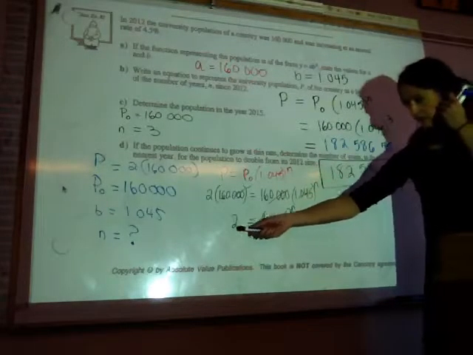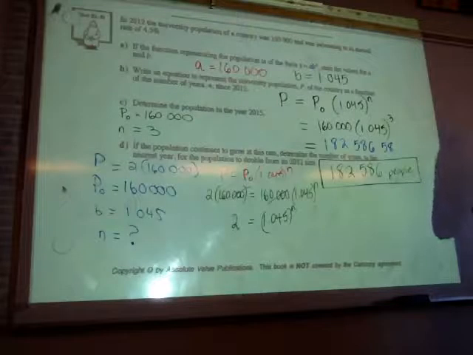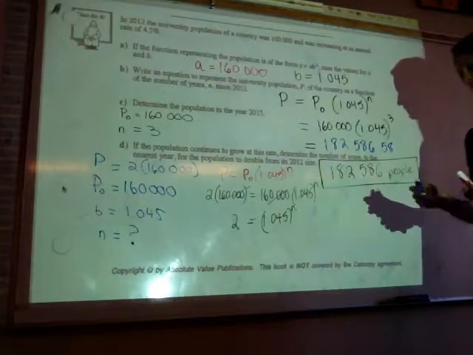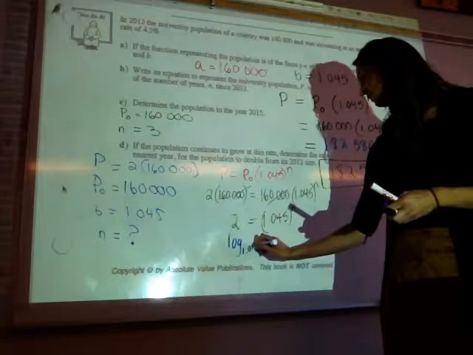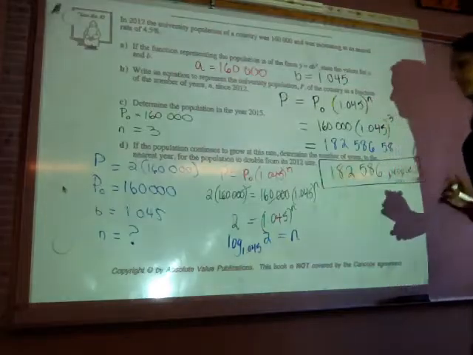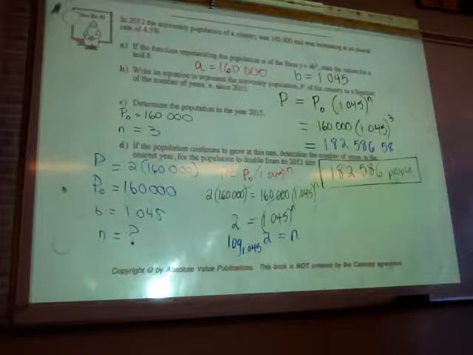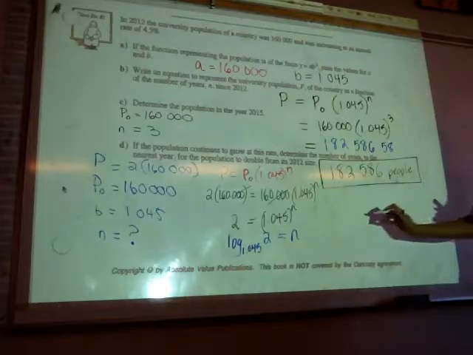Is there any way of getting the same base? No, so we have to use logarithms to solve this. So we can write log base 1.045 argument 2 is equal to n. You guys remember how to put that into your calculator? So change of base identity.